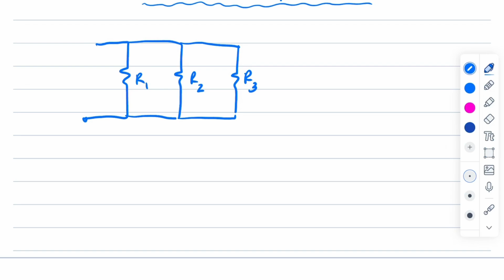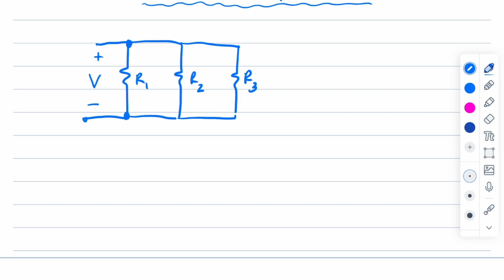But there is a better and clearer definition: whatever things are connected in parallel, the voltage drops across them are the same.